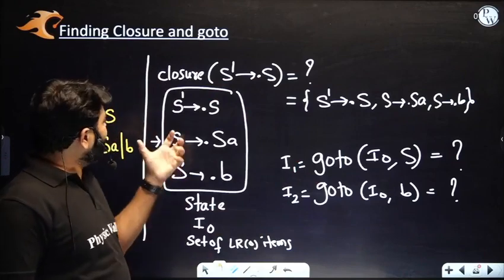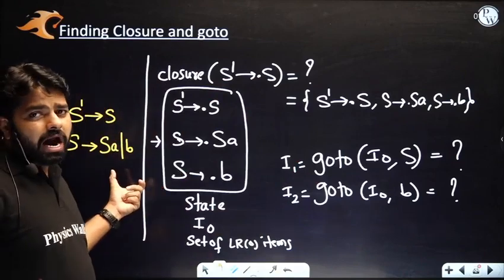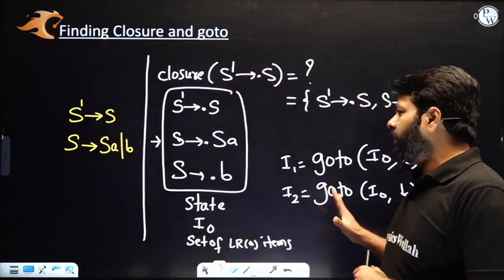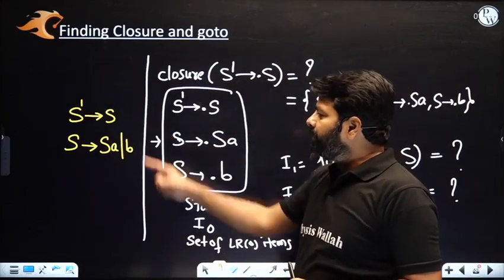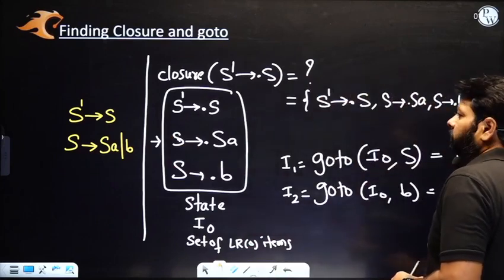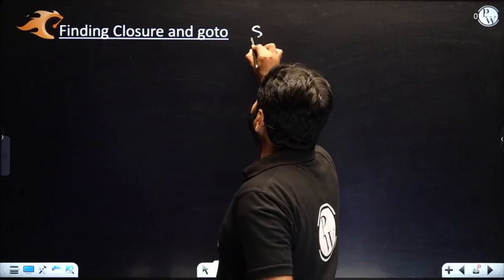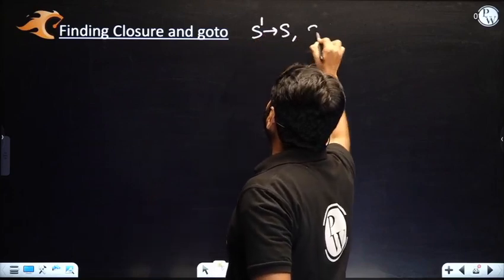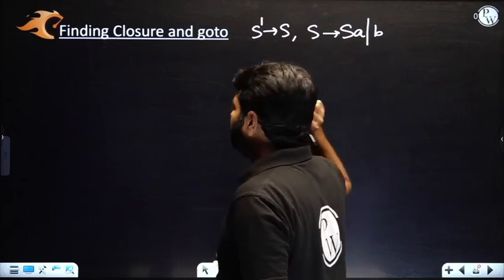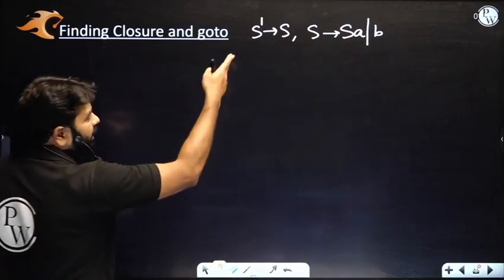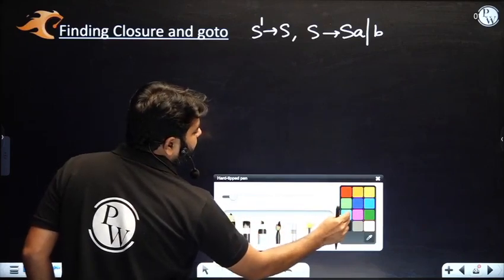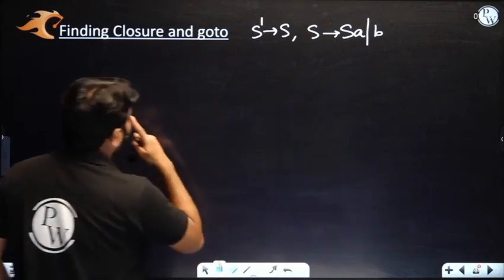Okay. So let me take this example, I'll do the whole diagram, then you can understand what I am doing here. Let me take the same example, that is S dash derives S and S derives S A or B. That's it, right? Now it's already augmented, so I'll start here.